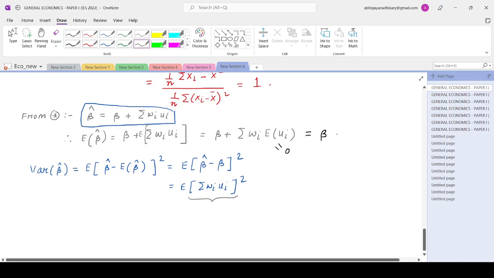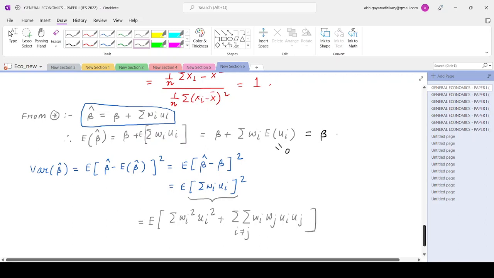So this will be the expectation of summation wi square ui square plus double summation i not equals to j wi wj ui uj. Okay, so this is the expanded term that we are going to get over here.